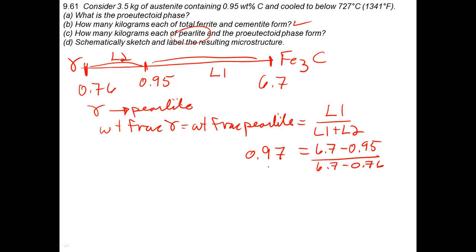In terms of L1 and L2, I can calculate that the weight fraction of austenite is 0.97 and recognize that this is also the weight fraction of perlite.